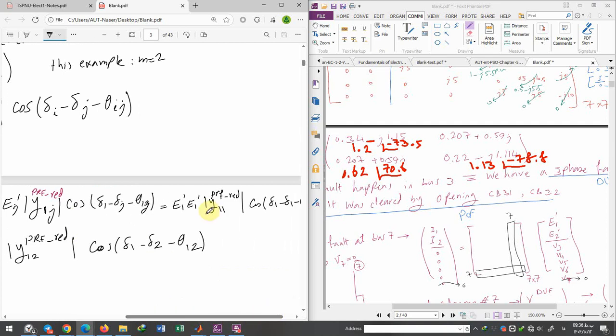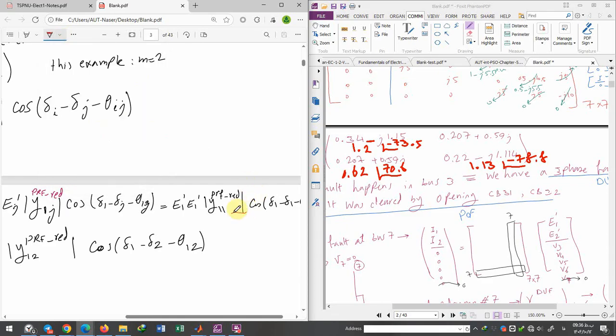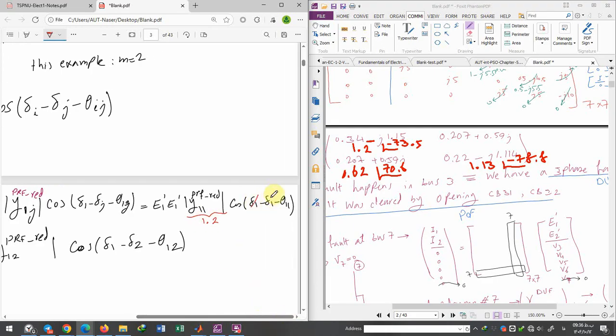So the Y11 magnitude is equal to 1.2. Delta 1 and delta 1 are deleted together. The theta 11 is minus 73.5, and the angle of theta 12 is 70.6.